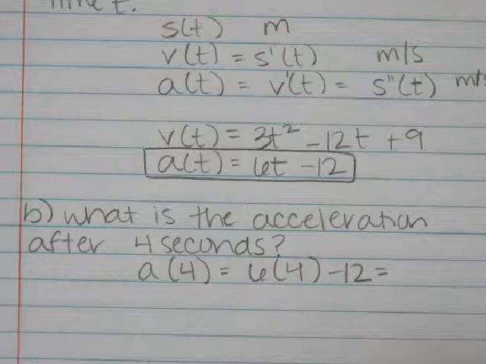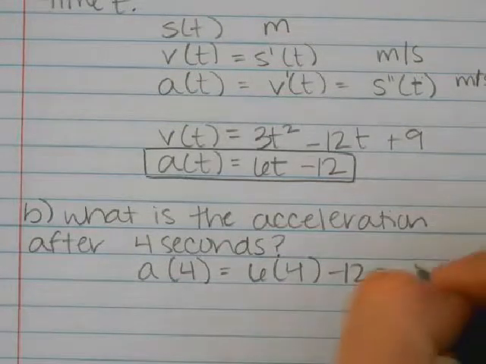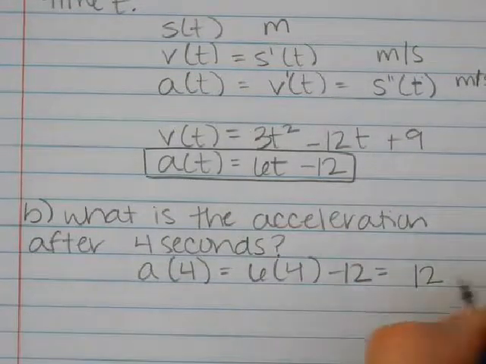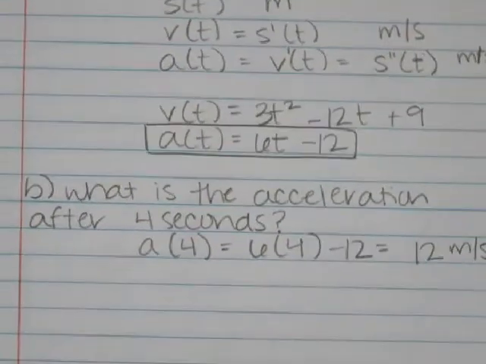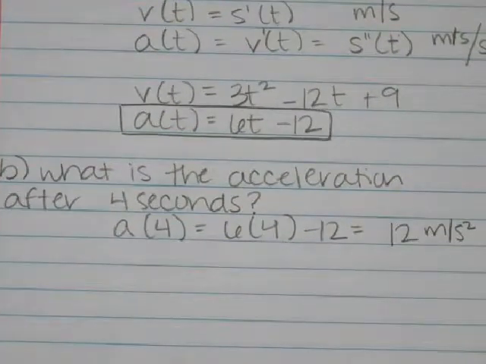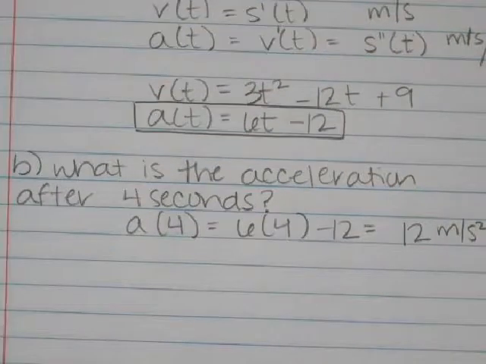What does that give us? 12 meters per second squared, right? So 12 meters per second per second. I might not mark it all the way down, but odds are on this test I will give you 1 point for the number answer, 1 point for the units. So you get a point off for not having your units in there.